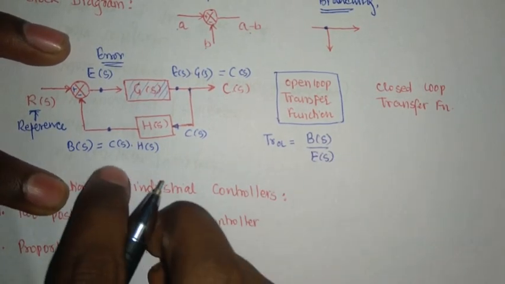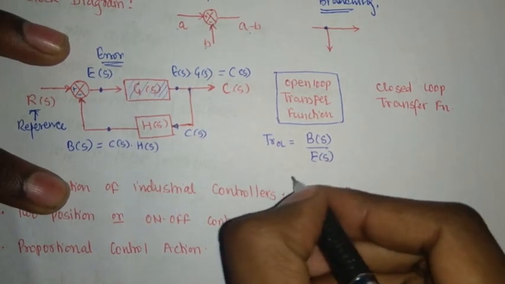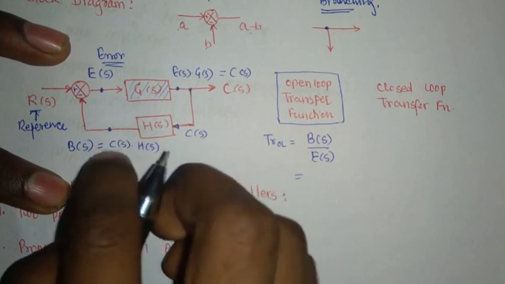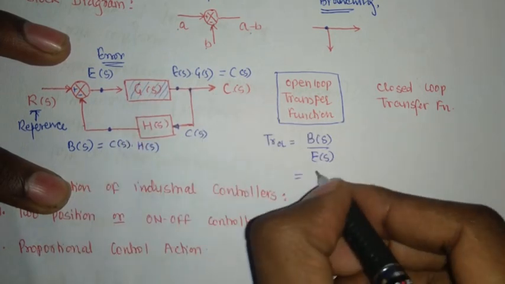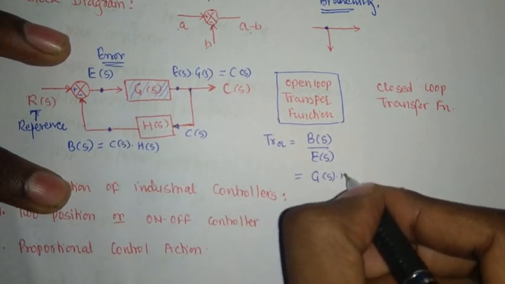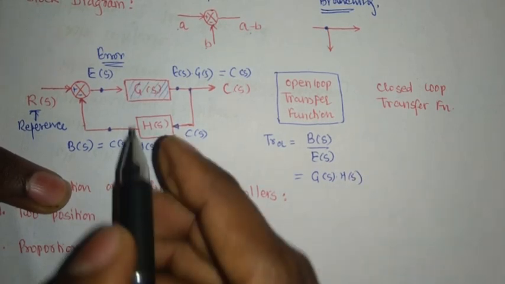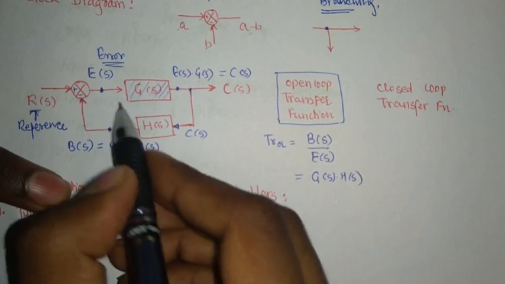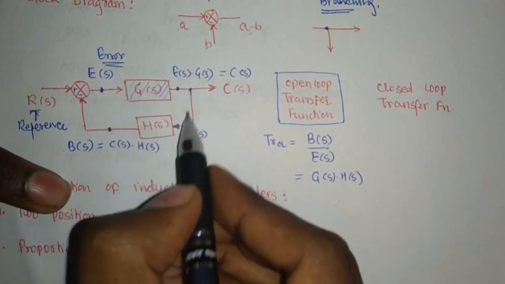And I can calculate it also. B(s) upon E(s) will be equal to what? B(s) is C(s) into H(s), and C(s) is equal to E(s) into G(s). So B(s) upon E(s) will be nothing but G(s) into H(s). Or you can see it directly also, that from here we are going to this point, meaning first I am multiplying G, then I am multiplying H.